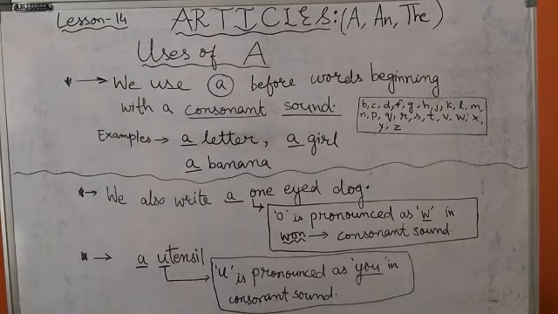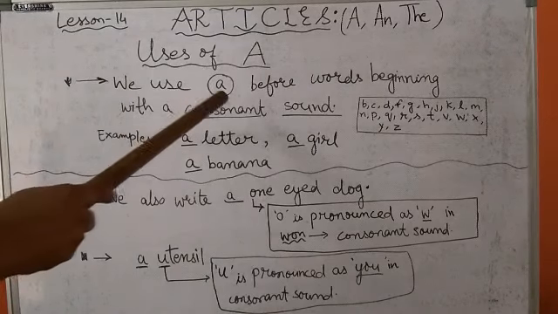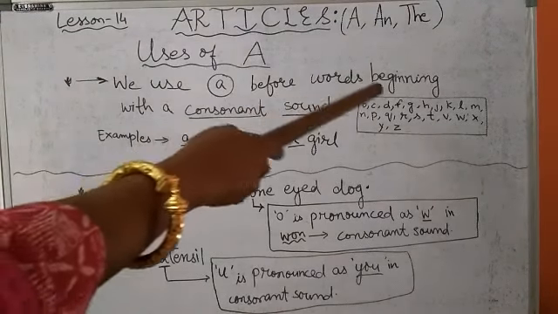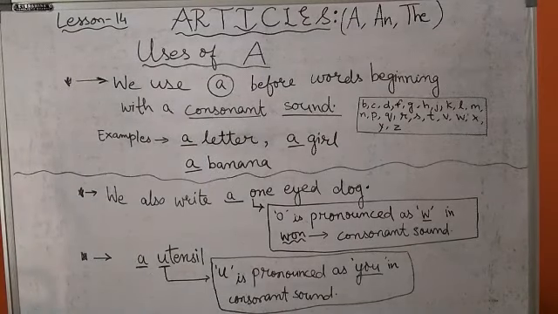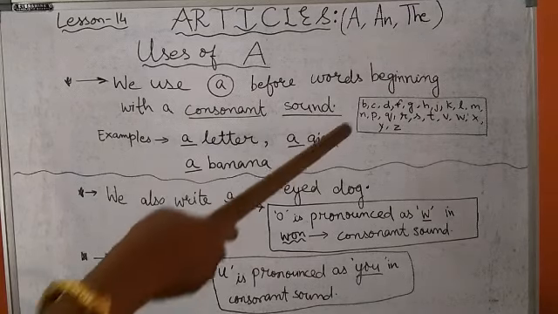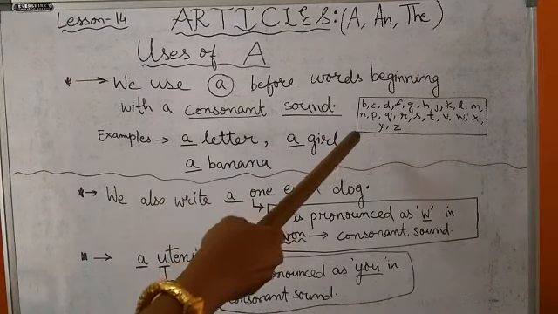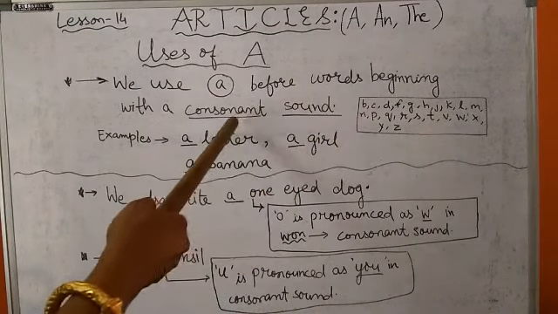So, let's start. We use a before words beginning with a consonant sound. Now, students, already we have studied about letters. How many letters in English? That is 26. Now in that there are two types, vowels and consonants. Now here I have written the letters which sound as a consonant sound.